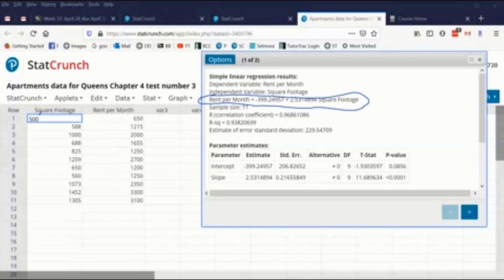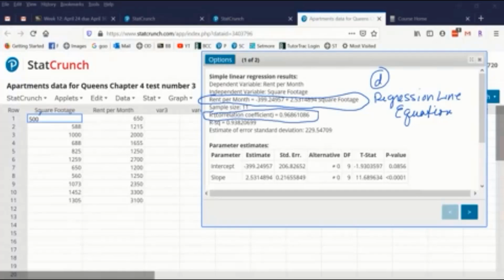So that's the regression line equation. So that's D. What's the regression line equation? For C, it asks for the correlation coefficient, which is here, and then you compare it to the table. And you can either use the table that was in the PowerPoint, or I'm going to post one in your site in a couple of minutes when we're done. Any other questions?